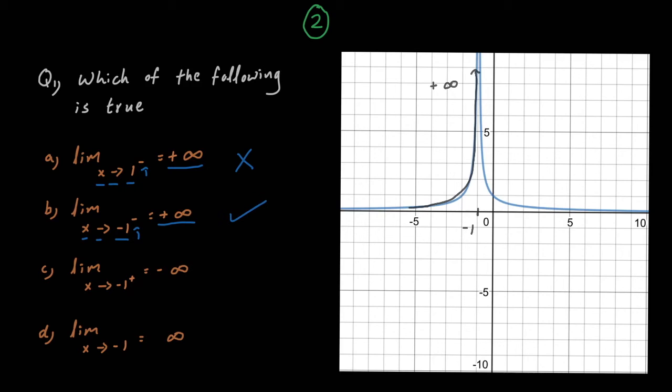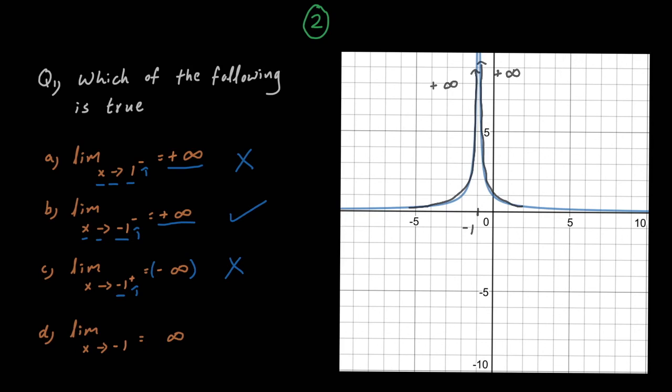So this is true. Part C, limit as x approaches negative 1 from the positive side, is the value of y reaching negative infinity? Let's see. At negative 1 from the positive side, this side, as we reach negative 1, we are reaching positive infinity. So this is not true.